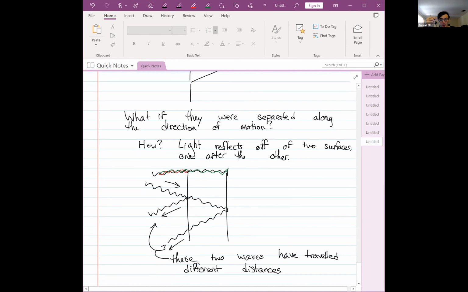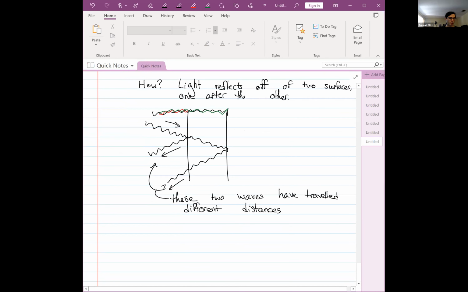The light comes in and reflects off the first interface, and then the part that continues on through also reflects off of the second interface. And then they're separated by distance. They've traveled different distances, but they're still from the same source of light, which means that they're still coherent with one another. They're still in the same phase, they're still the same wavelength, and so on and so forth.